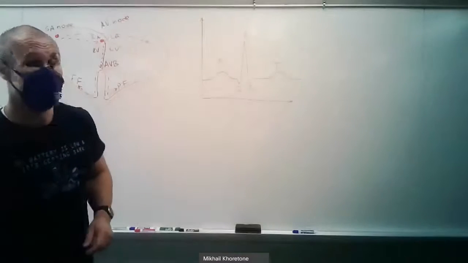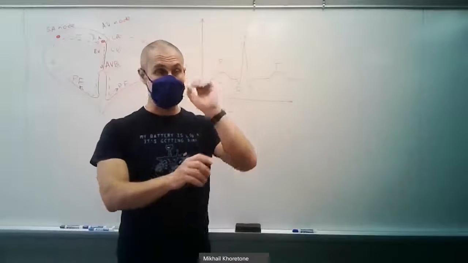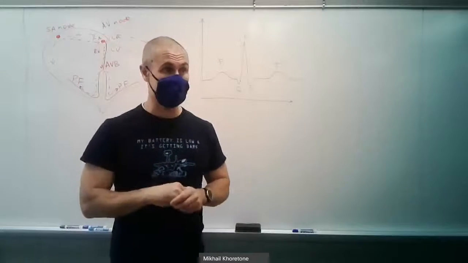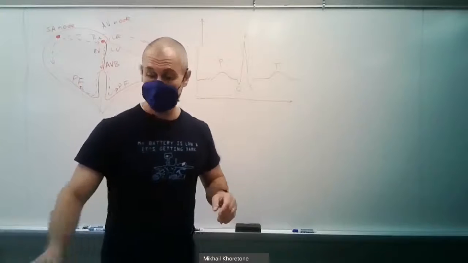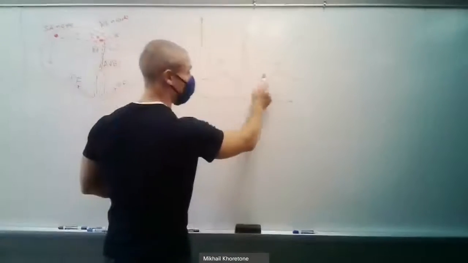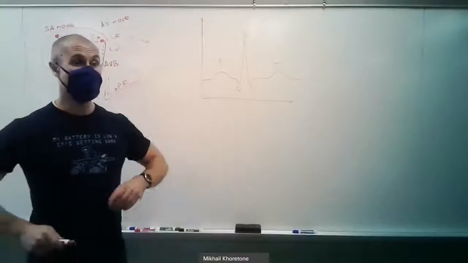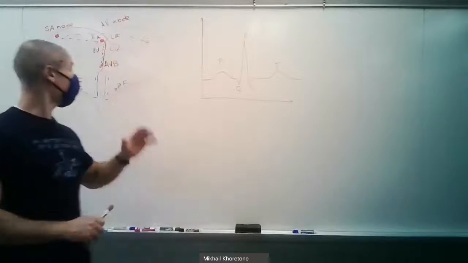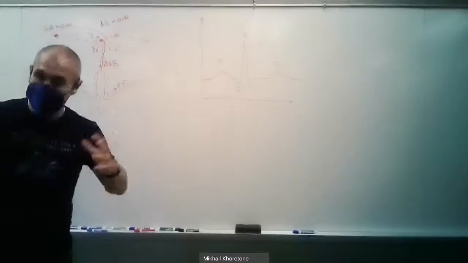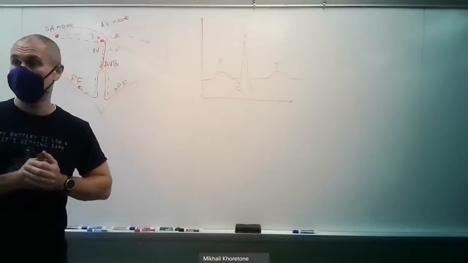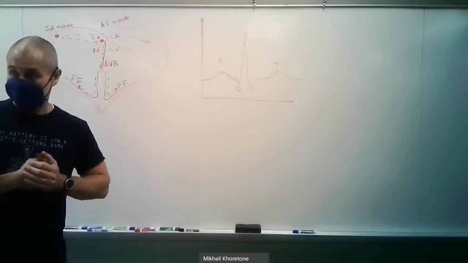What is the time between your atria starting to contract and your ventricles starting to contract? Does that make sense? Another, the ST segment here shows you for how long your ventricles are fully depolarized and contracted. Does that make sense?